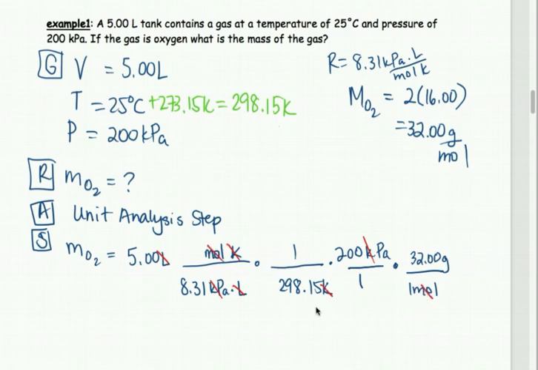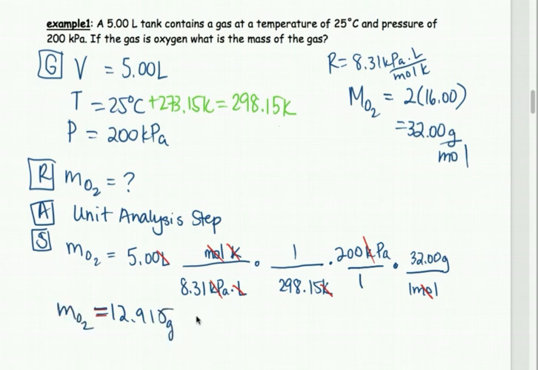Okay, so if we take that, so now we got 5 liters times 200 times 32 at the top divided by 8.31, okay, equals 12.9155, etc. Okay, so that's the mass.